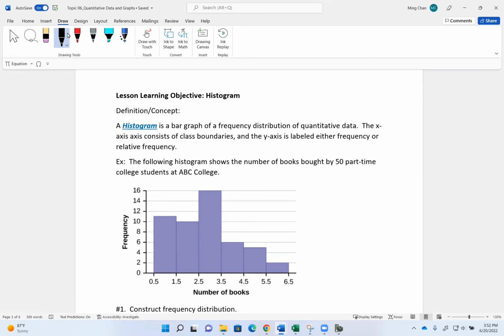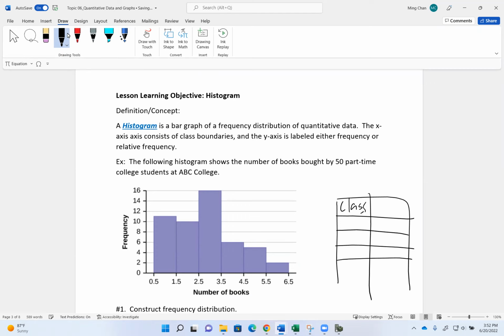So in topic number 5, when I showed you where we divide our data into classes, right? I think the example we had with the plasma TV, we had about 6 classes or something like that. So that distribution translates into this particular type of graph called the histogram. So a histogram is a bar graph with frequency distribution of quantitative data.